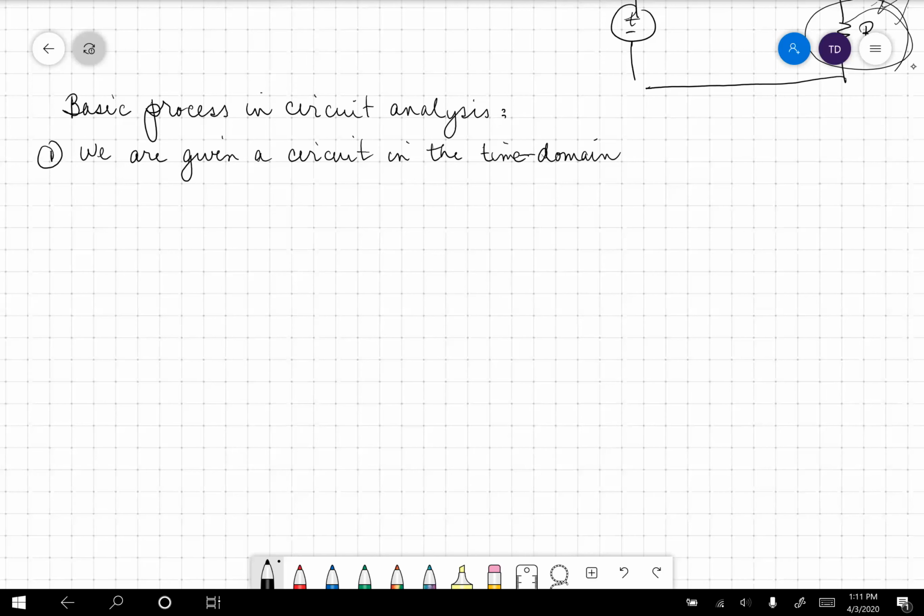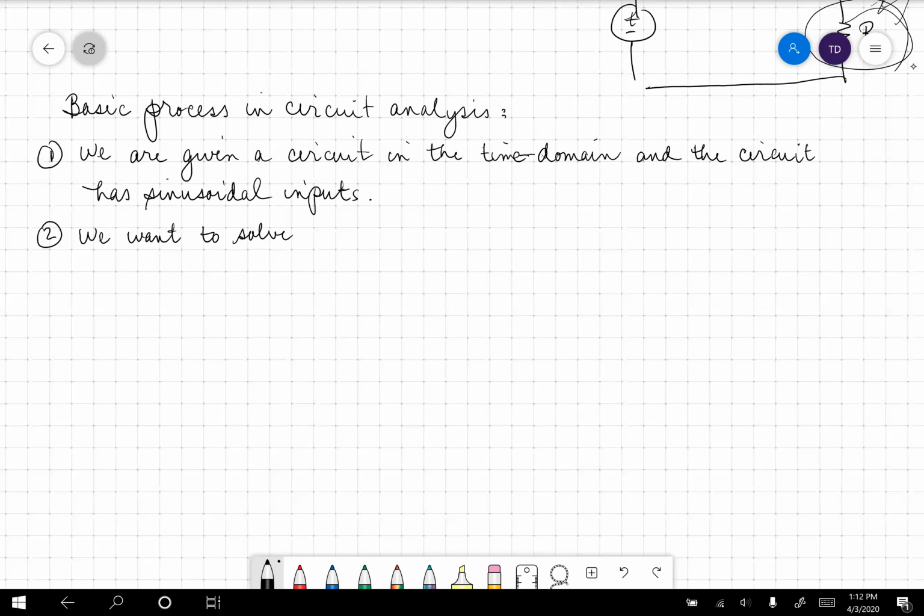So you're given a circuit in the time domain, and the circuit has sinusoidal inputs. Two, we want to solve for only a forced response, or what's called the sinusoidal steady state response.